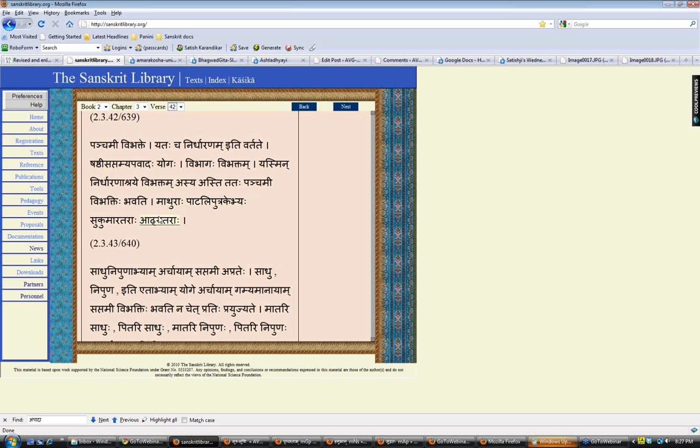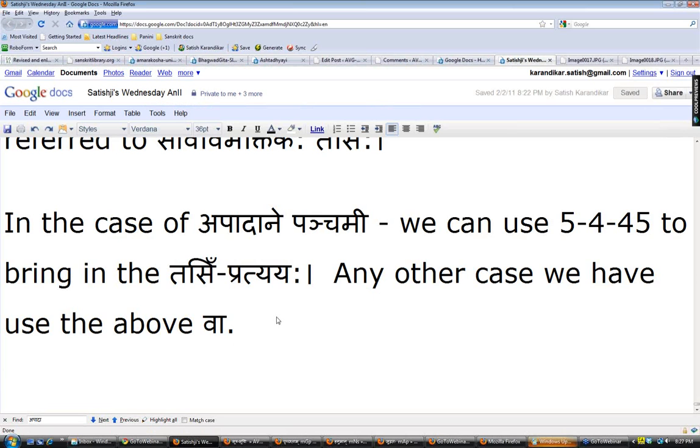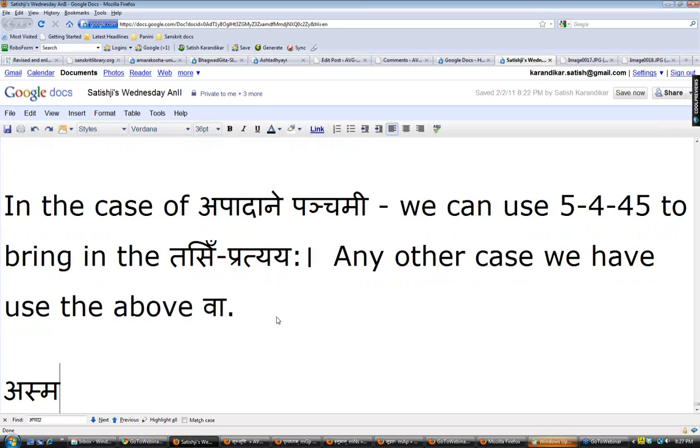So you can also look at the sutra panchami vibhakti. If it's not apadane, then we have to use 5-4-45. Okay, so I put that in the document. So mattah parataram nanyat, Gita, chapter 7.7 I believe. So mattaha in chapter. Let's take an example. We start with the pratipadikam asmat.